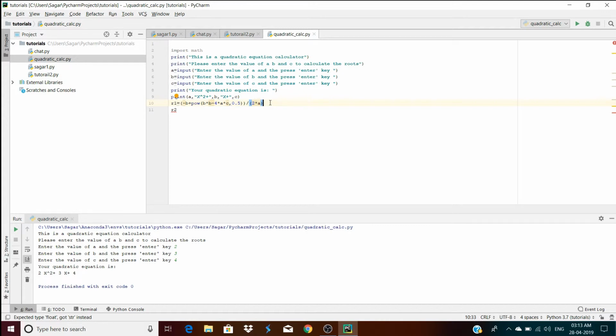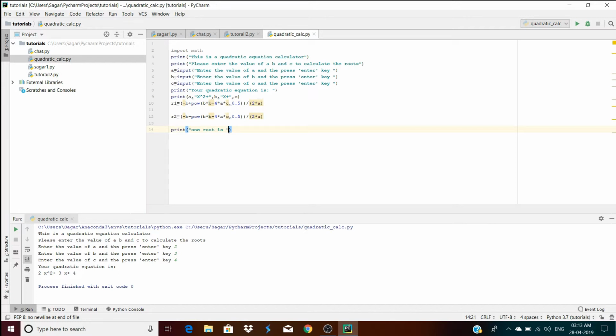Print 1 root. Here we are not checking for complex numbers, that is imaginary roots, since we have not yet learned about if-else statements. We'll do that afterwards, but first let us make a simple one.